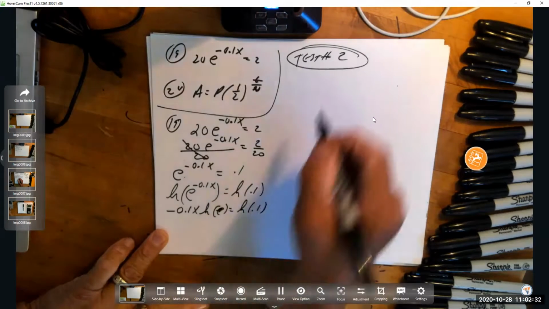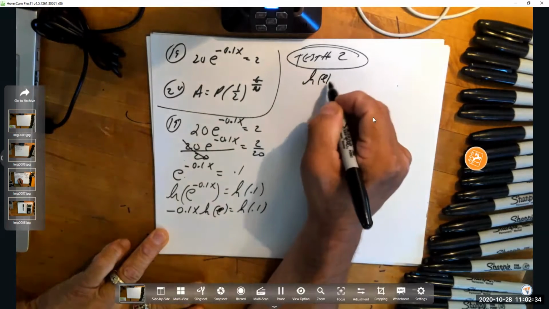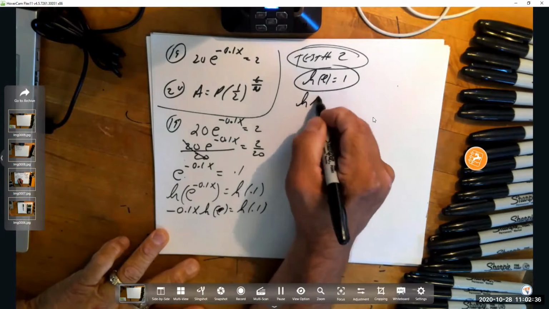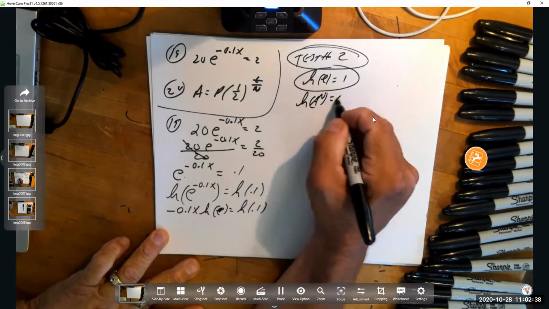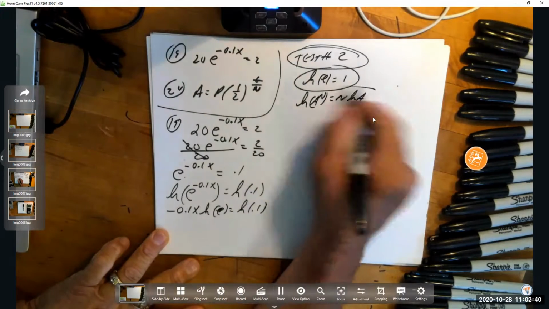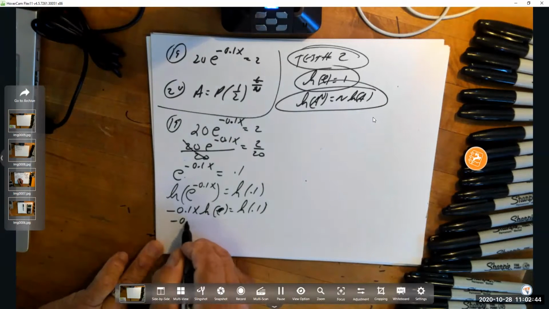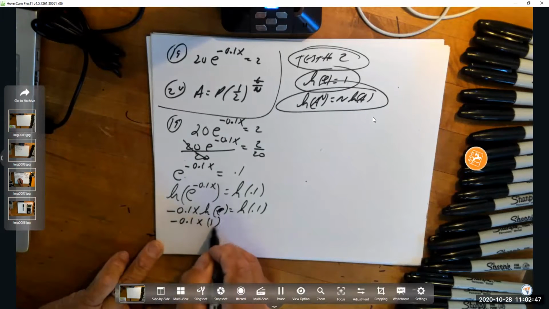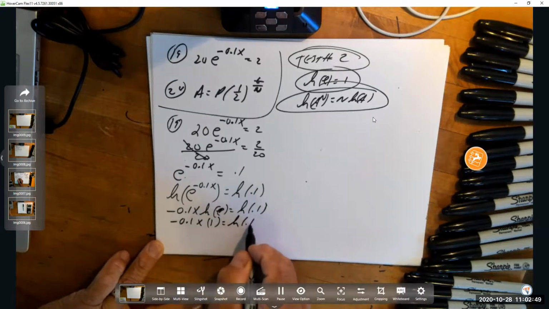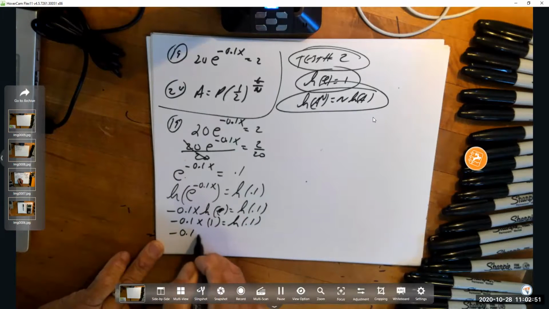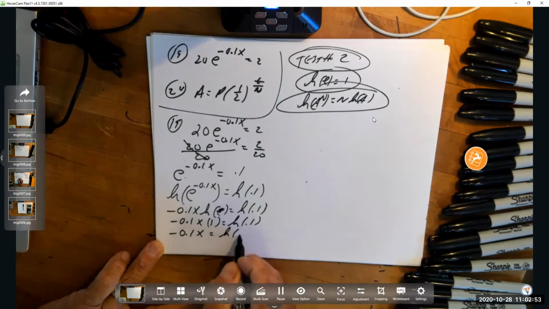Now let me write this formula: ln of e is 1, and ln of a to a power n is n ln of a. So negative 0.1x times 1 equals ln of 0.1. Negative 0.1x equals ln of 0.1.